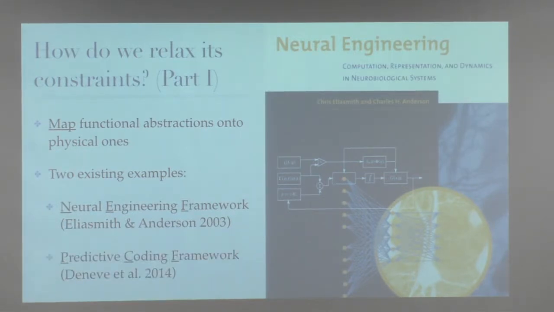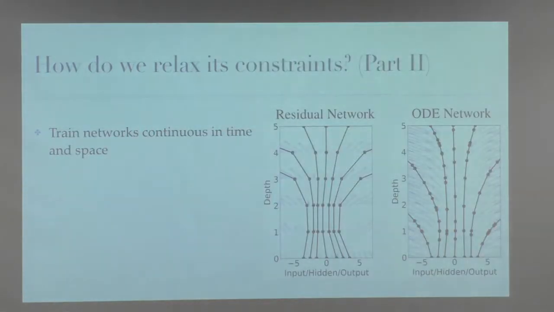Another approach, which is more recently developed, is called the Predictive Coding Framework. These are frameworks that allow you to bridge these two levels of abstraction in an automatic way. It's kind of like how you compile your C down to binaries, or synthesize your chip from Verilog, or your FPGA bits in the lookup tables from Verilog code.